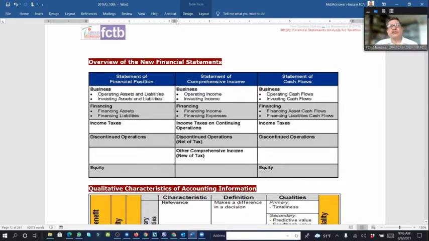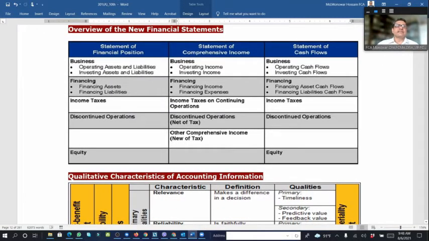If we see an overview of the financial statements, the statement of financial position is the balance sheet, the statement of comprehensive income is the profit and loss account, and then the statement of cash flows. Look here: the statement of financial position shows on the business side operating assets and liabilities, investing assets and liabilities, and on the financing side financing assets, financing liabilities, income tax, etc., and totally the equity. The statement of comprehensive income, the profit and loss account, shows operating activities within that year, and how much tax has to be paid or was paid, all disclosed within it.